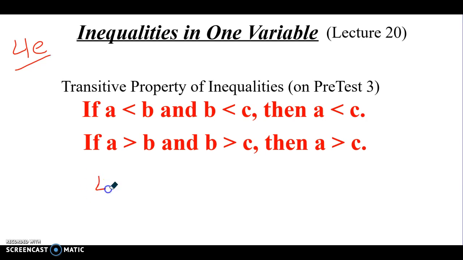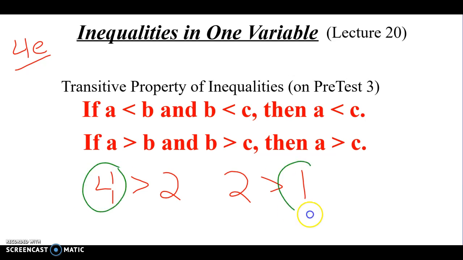So if some number is less than some number, and that number is greater than another number, what does that tell me about the first number and the last number? Yeah, 4 is greater than 1. So if A is greater than B and B is greater than C, then A is greater than C. It's your transitive property of inequalities.